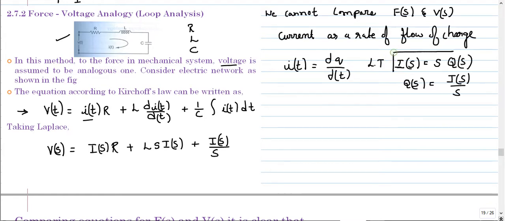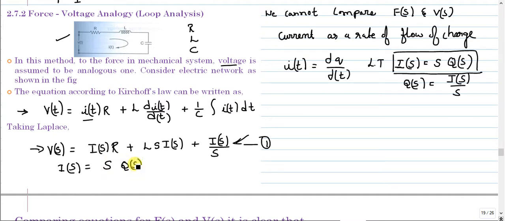So remember this equation, which we need to substitute here. If you substitute I of s as s into q of s, the substitution has to be done in equation 1. So what is I of s? I of s is given as s into q of s.